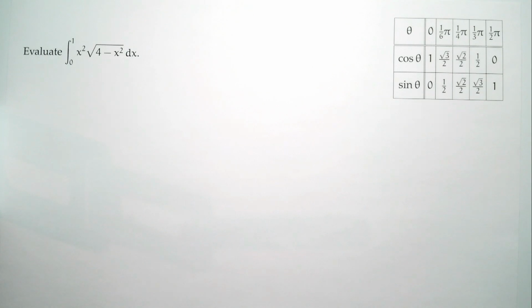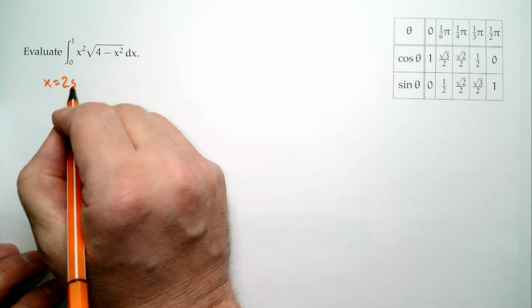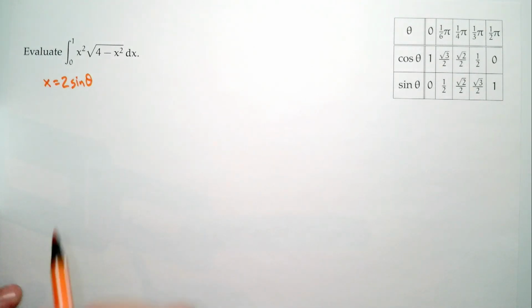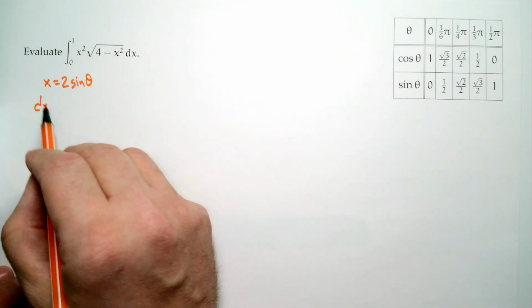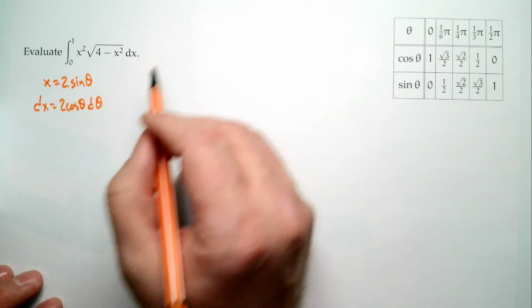What kind of substitution to make? Well, this is the sine variety. I'll come back and talk more about what type of substitution to make in a few minutes. So what do we get? We get that dx equals 2 cosine theta d theta.